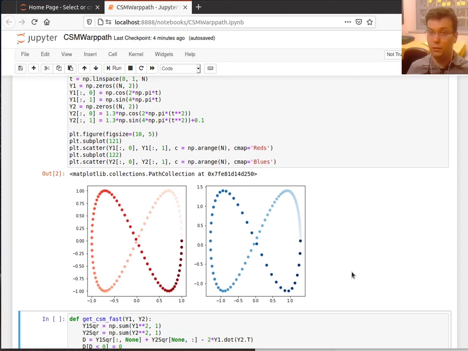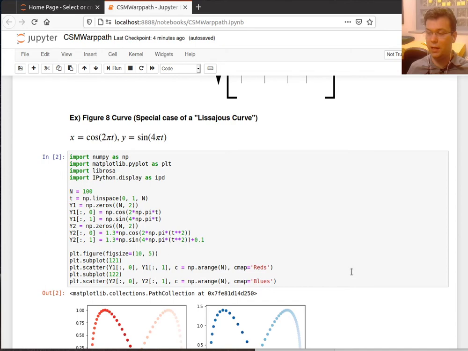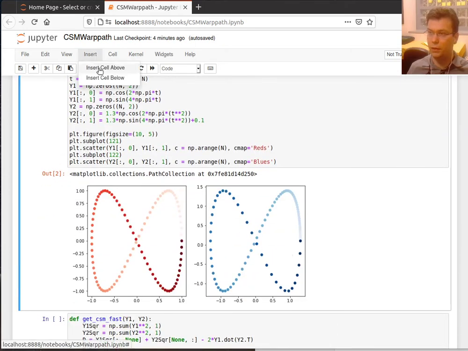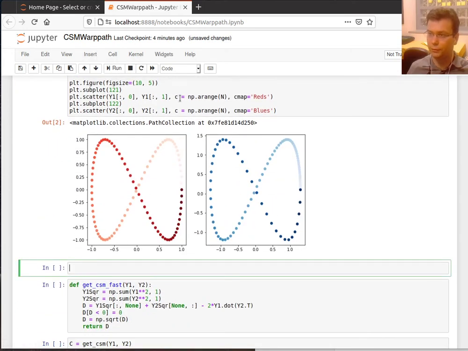So what we can do is compute a cross-similarity matrix between these 2.